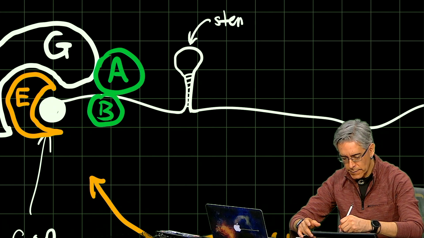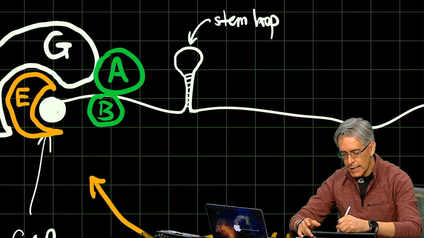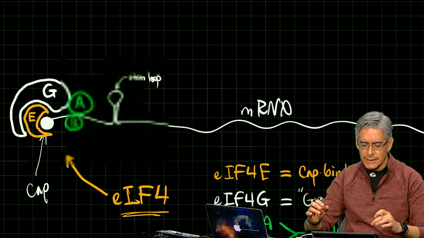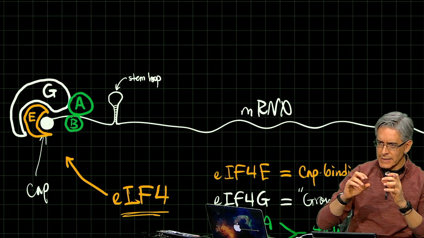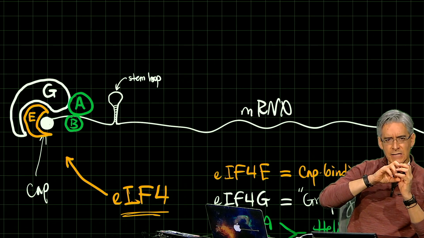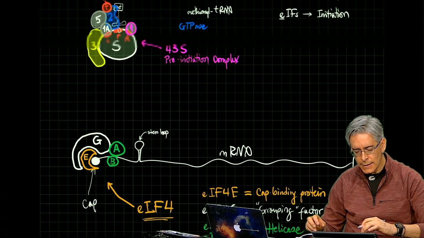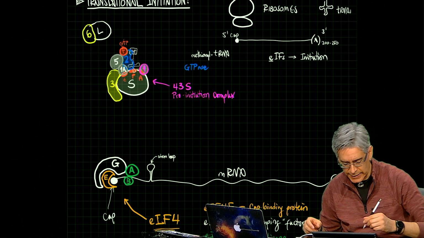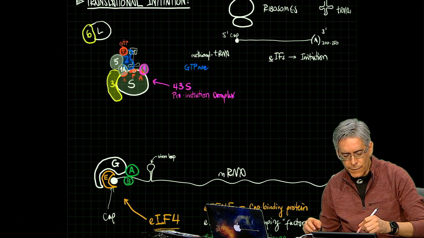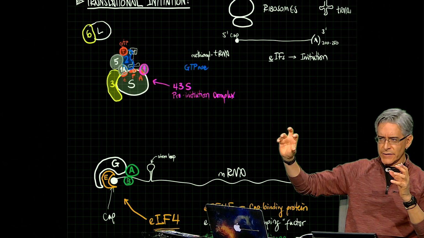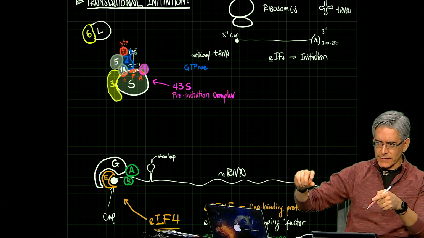That's a stem loop structure. And if you imagine the scanning process as grabbing the messenger RNA and then allowing the small ribosome subunit to move along the template, and that's something that we will be doing in just a second, in order for it to be able to scan the whole section, you need to eliminate secondary structures.